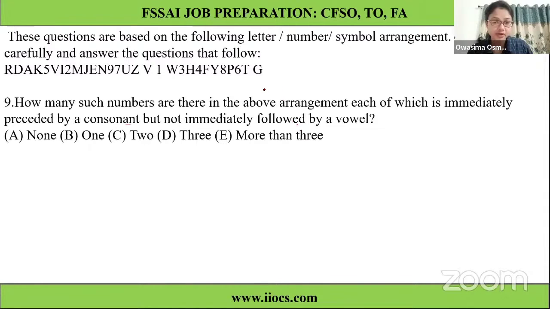So immediately preceded by a consonant, but not immediately followed by a vowel. Here M is a consonant, immediately preceded by a consonant but not immediately followed by the vowel.